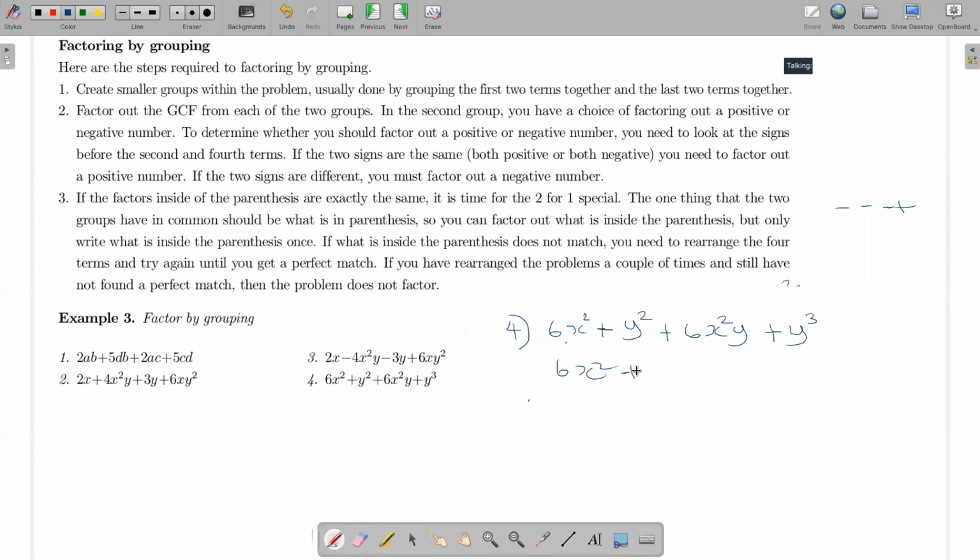I'll write 6x squared y squared plus y cubed. Here I interchange these two terms. Now I can see these two have 6x squared common, no? If I pull it out, I get 1 and a y left, no?